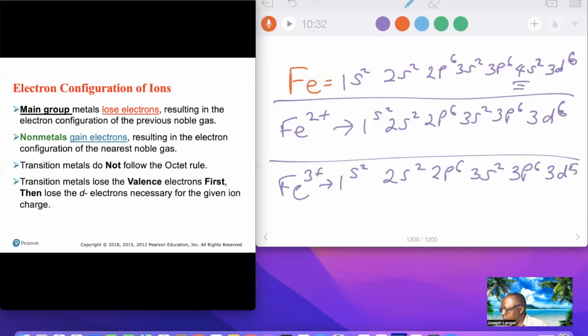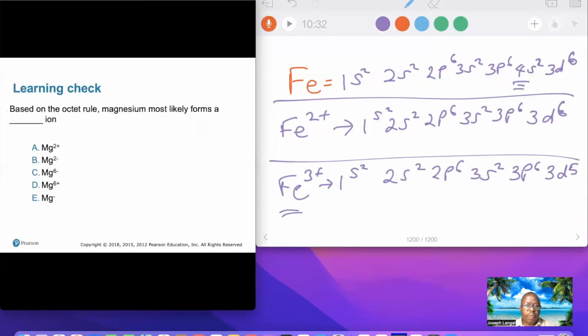It just lost the two 4s2 electrons and one 3d6 electron, and we are left with iron 3+. That's how transition metals form ions, and then you can write the electron configuration for that.